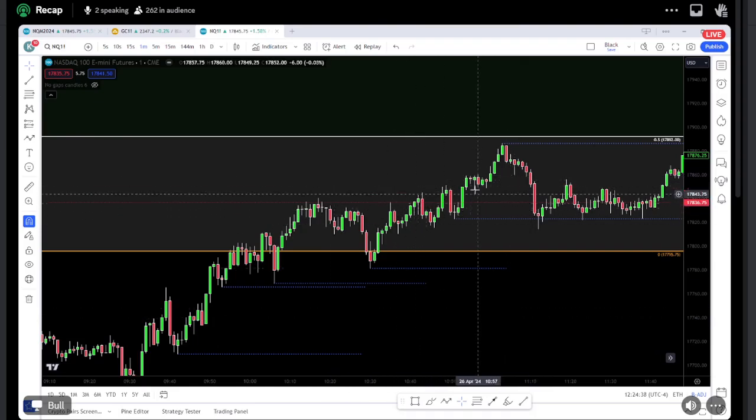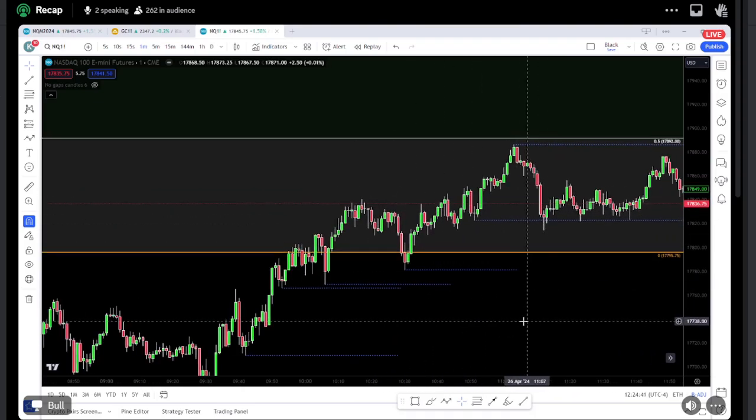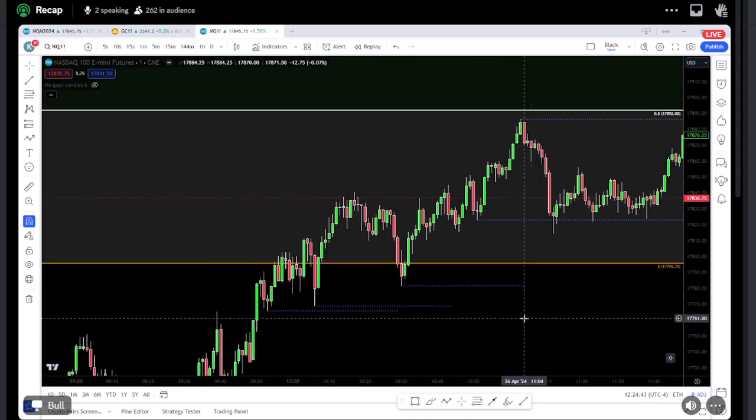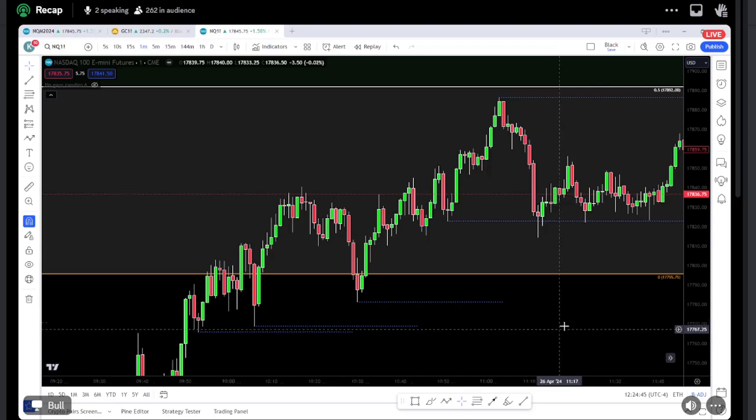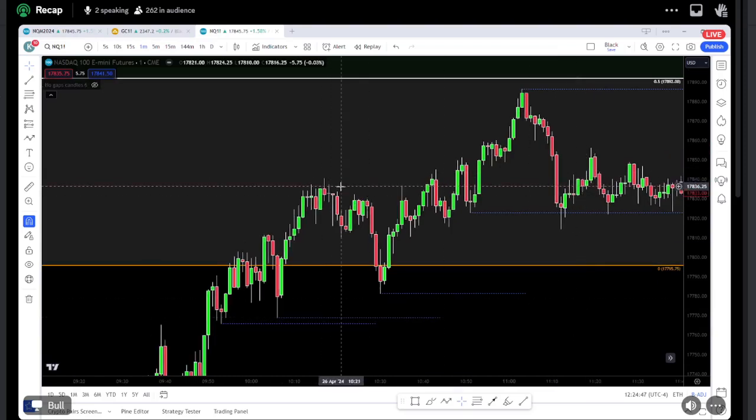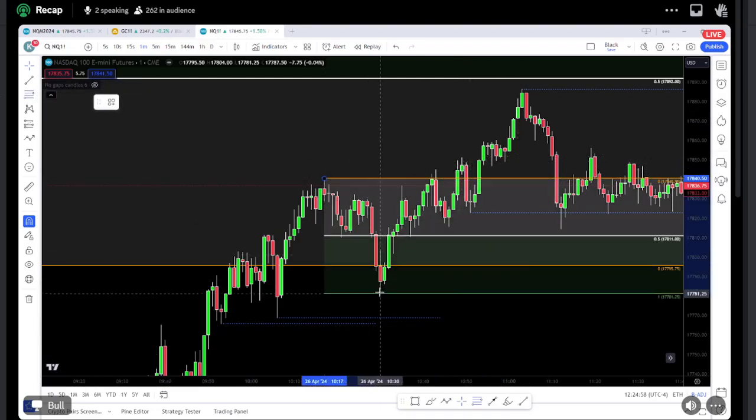I don't like getting caught near the top of ranges. Unless you're extremely consistent, I would recommend against trading top of ranges, right? Because recall, this didn't close here, this one did, right? So where's our prior swing? Our prior swing is here.